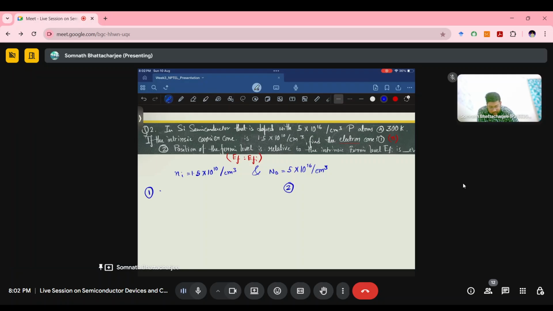The first one, we need to find what is N, and in the second one we need to find the ratio of EF with EFi.